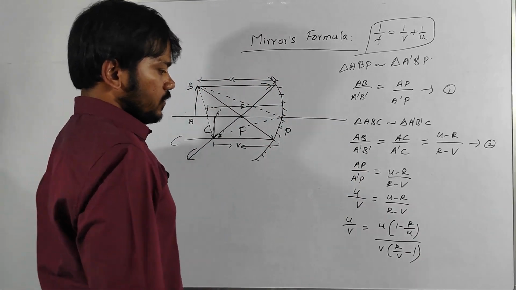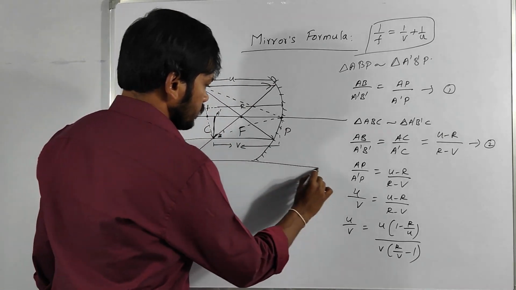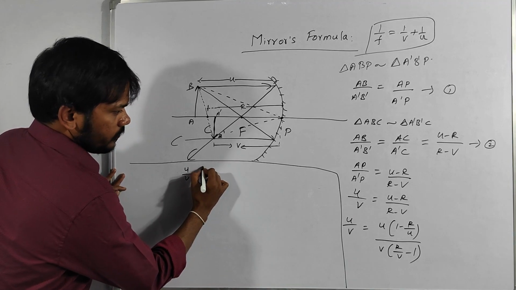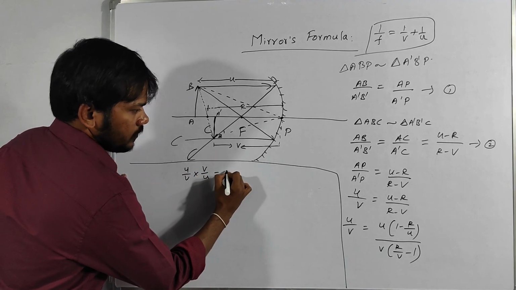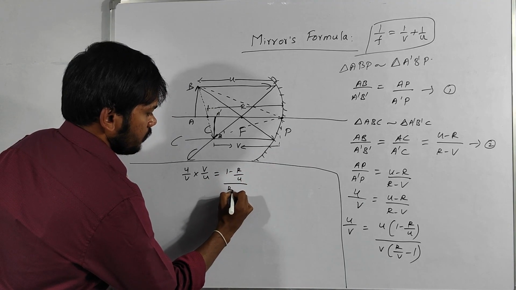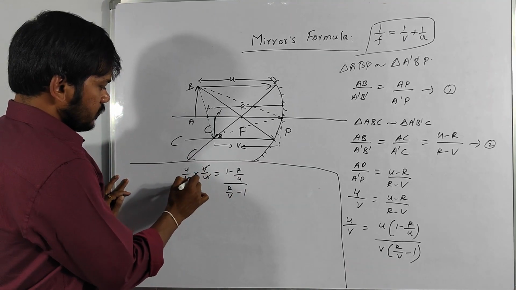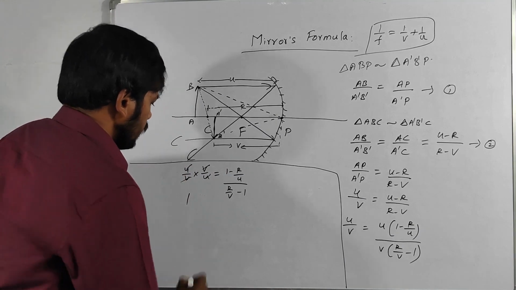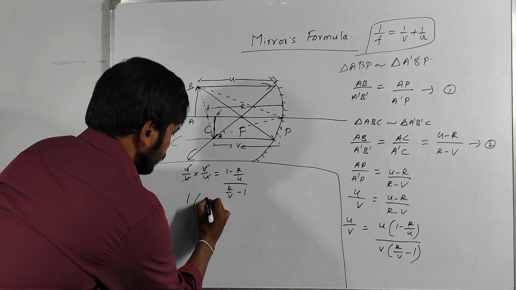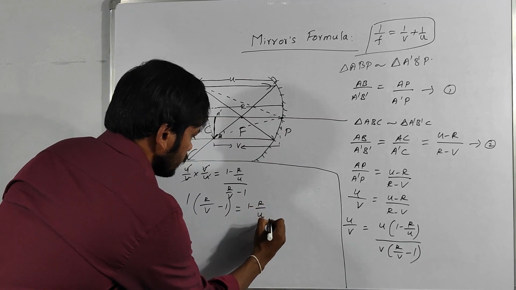Now this comes to the LHS: u by v into v by u is equal to 1 minus r by u by r by v minus 1. So v cancels, u cancels, 1 into, if I transpose this denominator, it will become the numerator: 1 into r by v minus 1 is equal to 1 minus r by u.